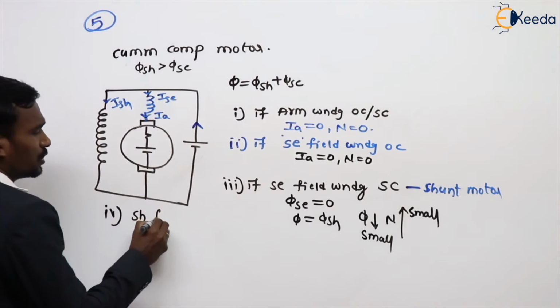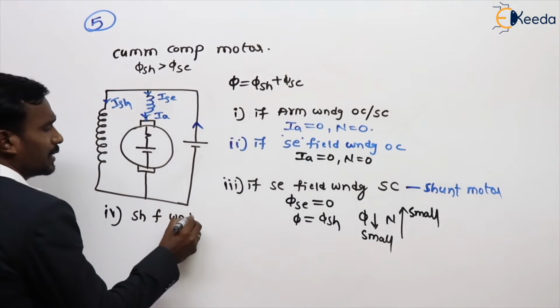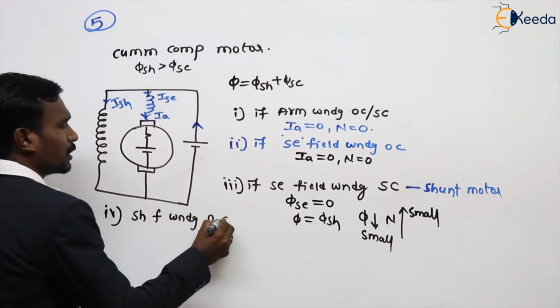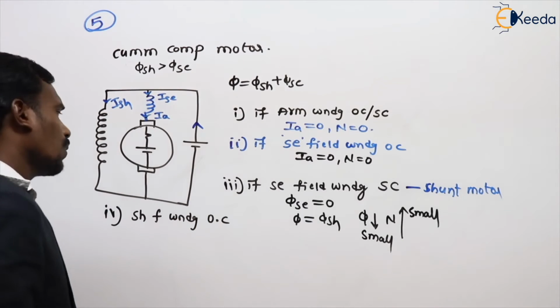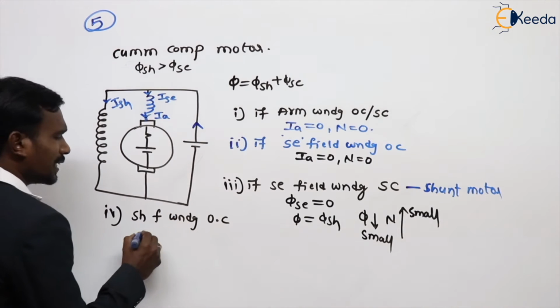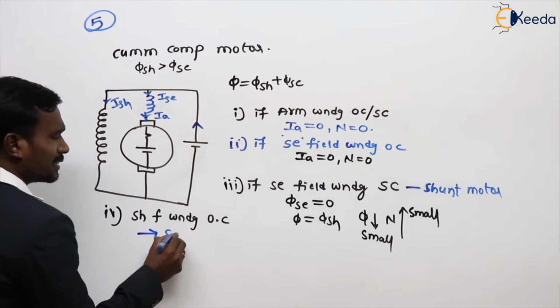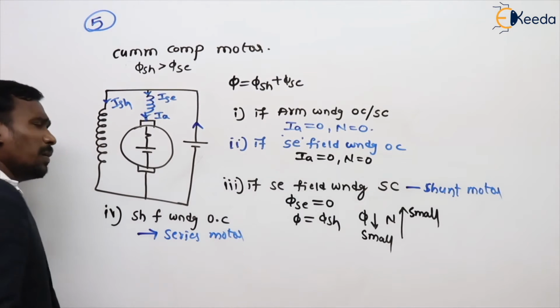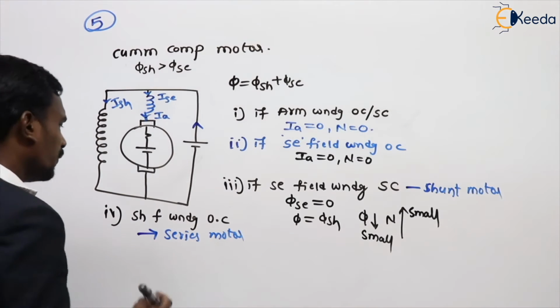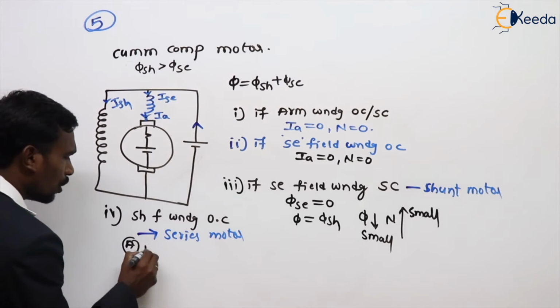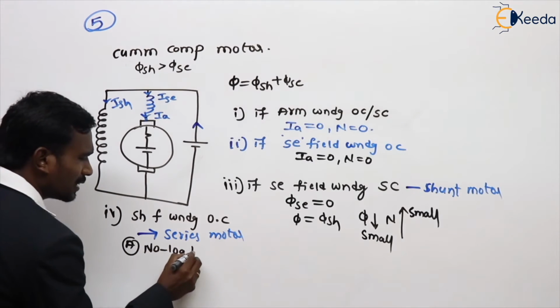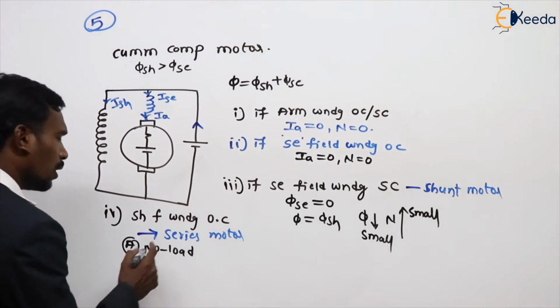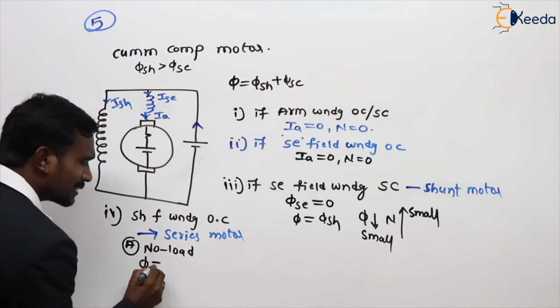If the shunt field winding is open circuited, how does the machine act? The machine acts as a series motor, no problem with that. If it is at no load condition, when the shunt field winding is open circuited, what is the flux?